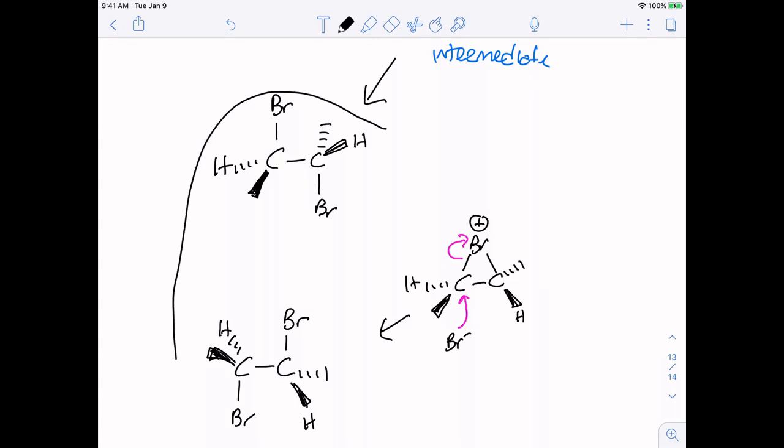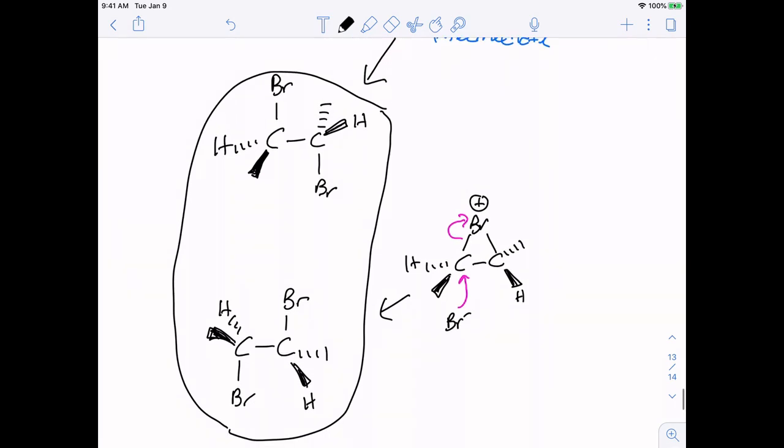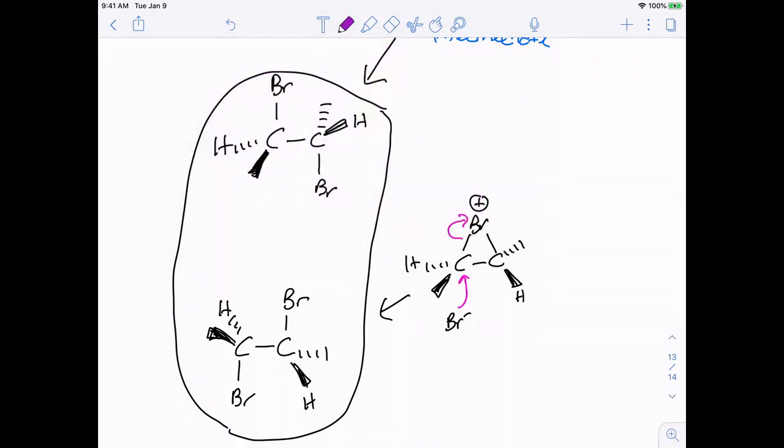So then the question is, from a stereochemistry standpoint, what is the relationship between those two? And by relationship, are they meso? Are they enantiomers? Are they diastereomers?